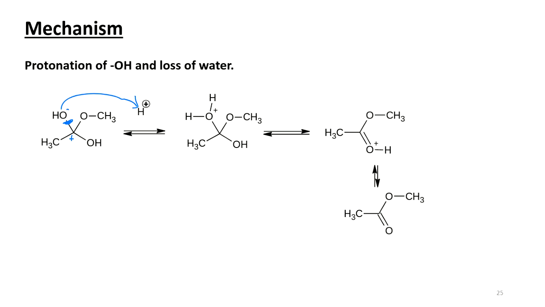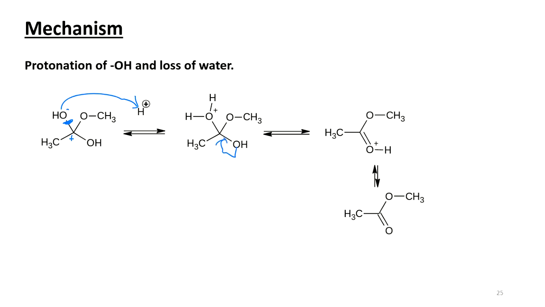Where is the arrow going to come from? Where is it going to? We know that we have lone pairs on this oxygen, so we are going to form this.